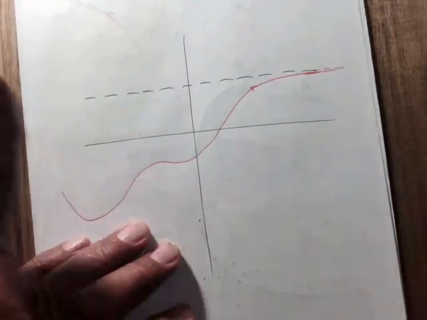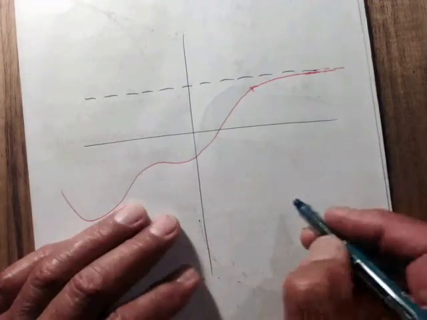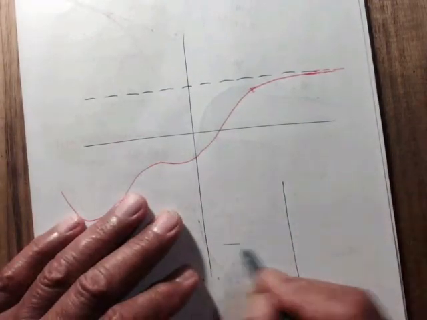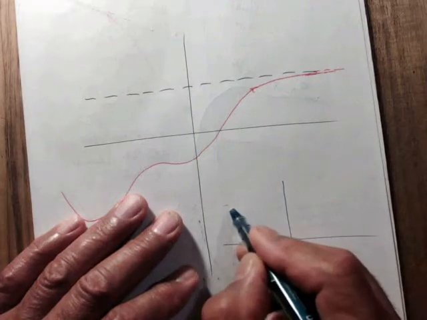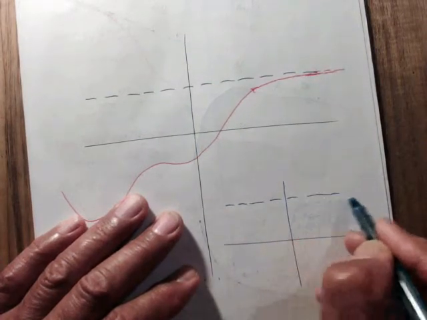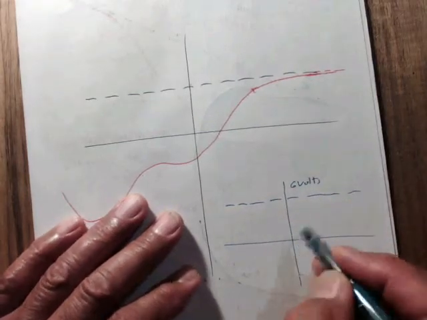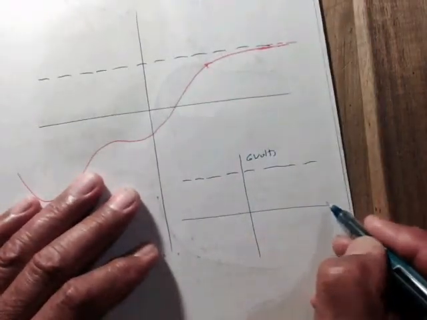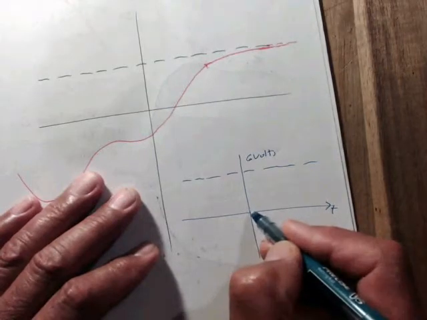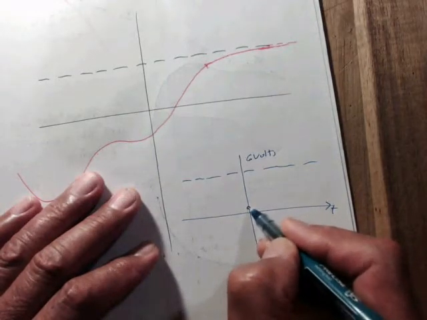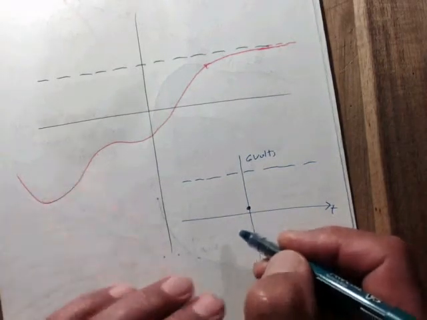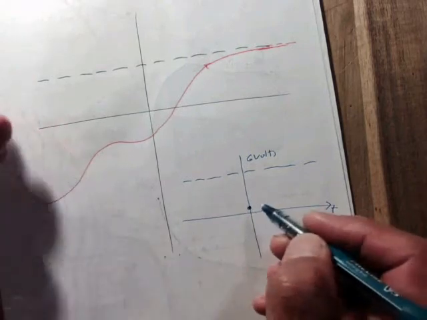One example: let's say this is 6 volts, and this is time. Your cell phone, which you used, needs to be charged, it has almost 0 charge in it.